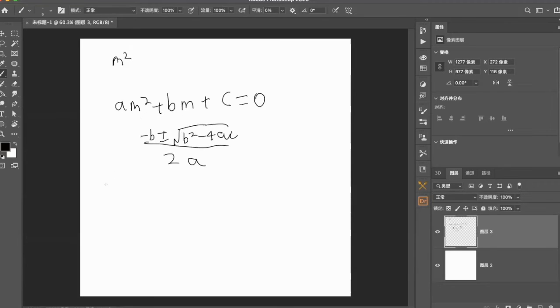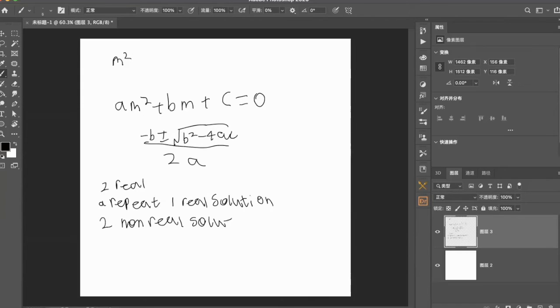But this could give us two real solutions, a repeated one real solution, and also two non-real solutions that involve something called i. So what should we do when we encounter that?